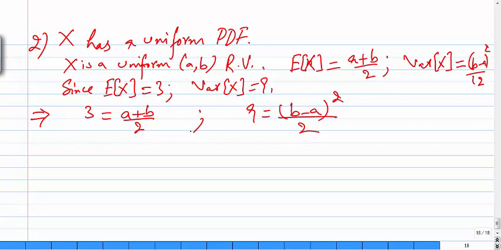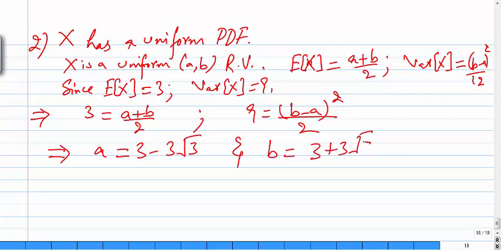So this implies that a is equal to 3 minus 3 root 3 and b is equal to 3 plus 3 root 3.